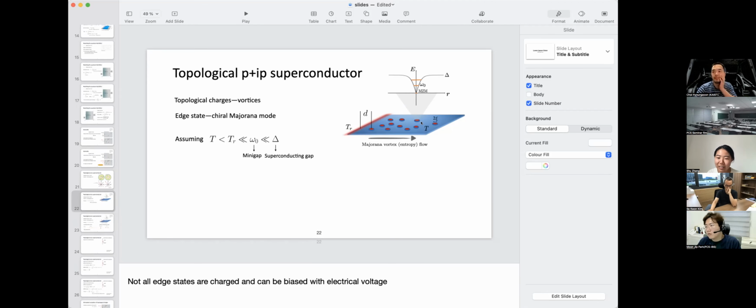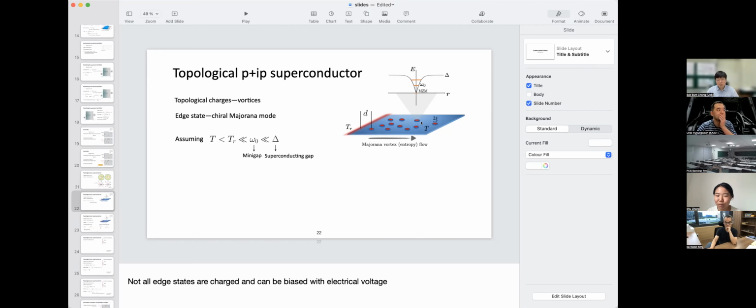So maybe inside this time window it is still okay. Okay. Thank you. Sorry, maybe it's not very practical. It was an experimentalist question.